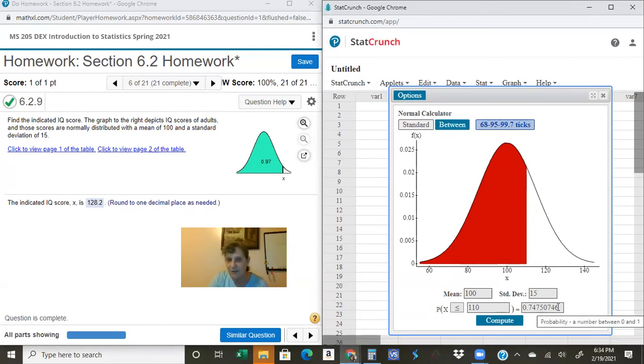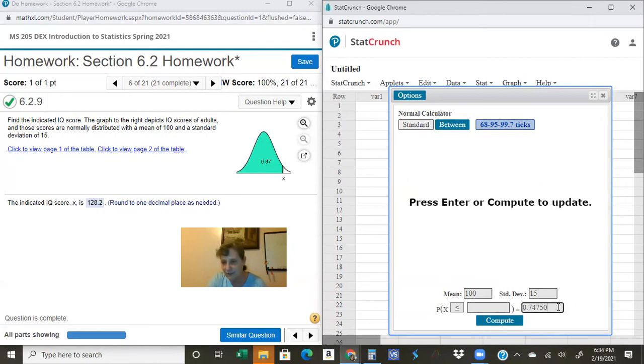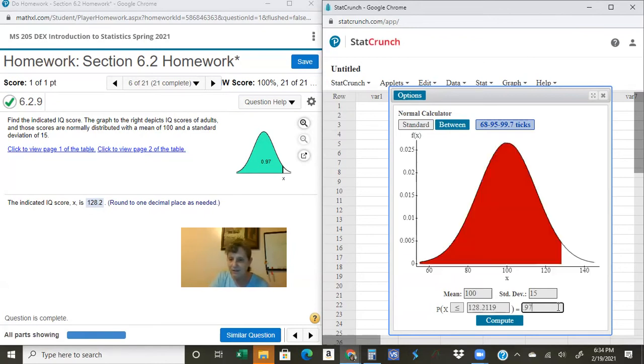And so instead of putting in a z-score or an x-score, I'm going to put in the probability as 0.97. And it turns out that 97% of the IQ scores are going to be less than or equal to 1.28.2.